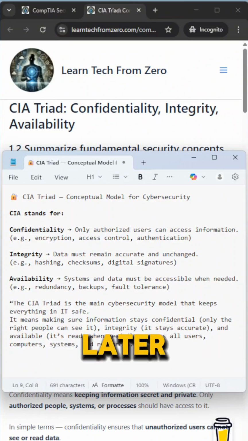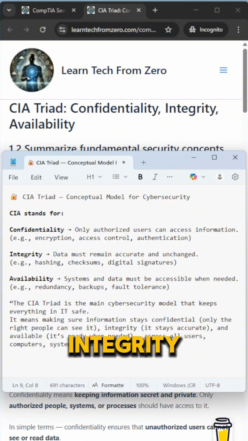I will cover them later in the course. But if you go onto the website, you should be able to get everything in detail. All right. So integrity is that the data must remain accurate. If there have been any changes in any data, we should be able to find out. So integrity should be there.